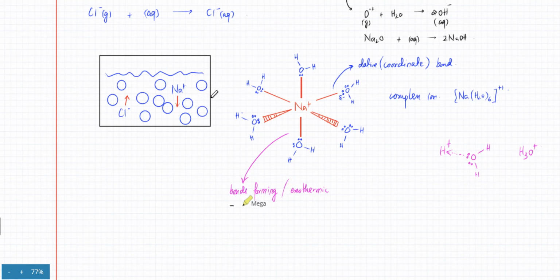Smaller atoms. Okay, so the smaller the ion and the greater the charge, that is when they form stronger bonds.